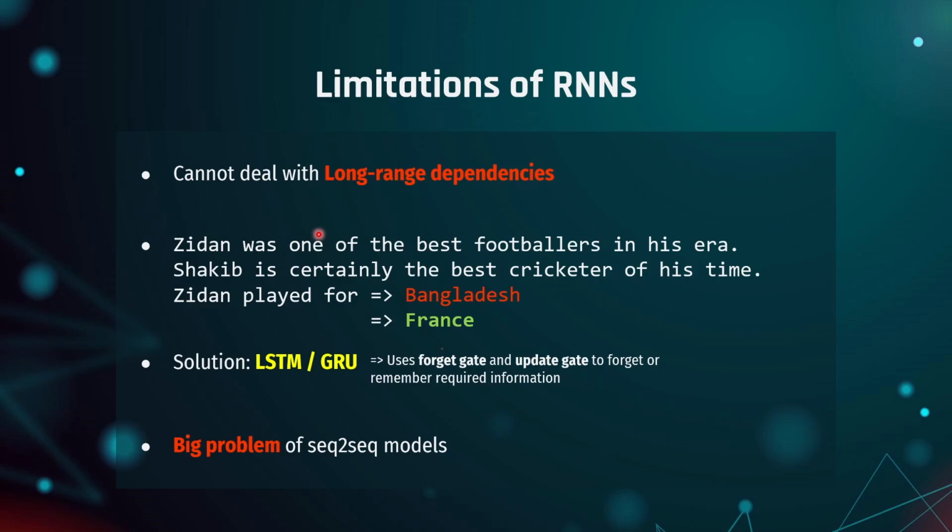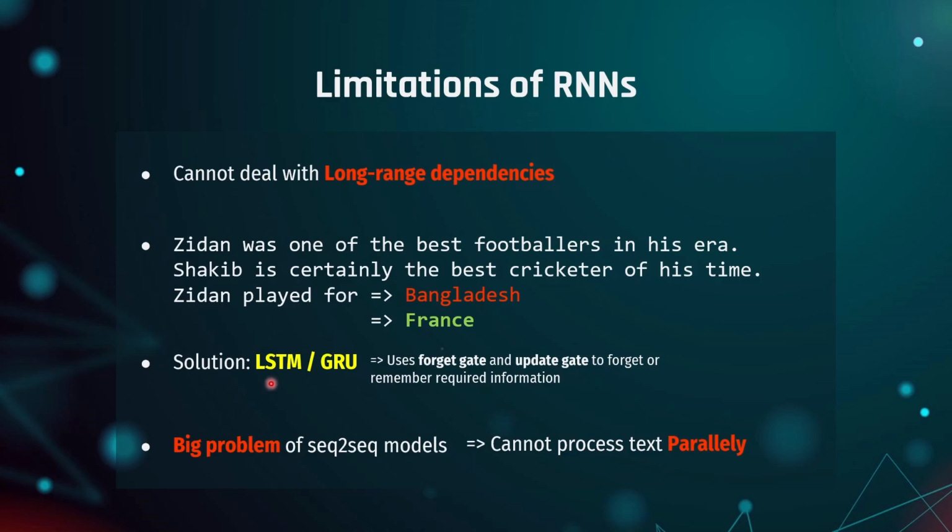Another big problem of sequence to sequence models is, can you guess it? What could it be? They cannot process text in parallel. We know that when we train models we typically use GPUs, and to utilize the full power of GPUs we have to train the models in parallel, we have to process the texts in parallel, okay? But we already know the core principle of sequence to sequence models is that they process texts sequentially and not in parallel.